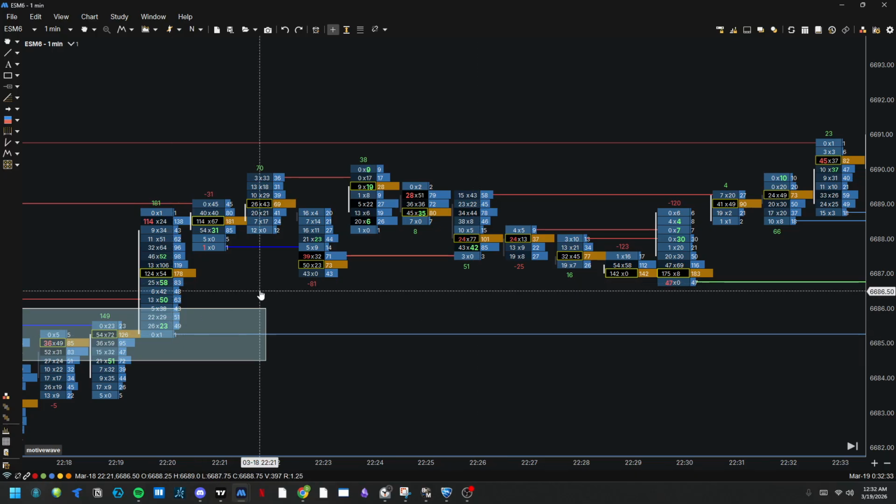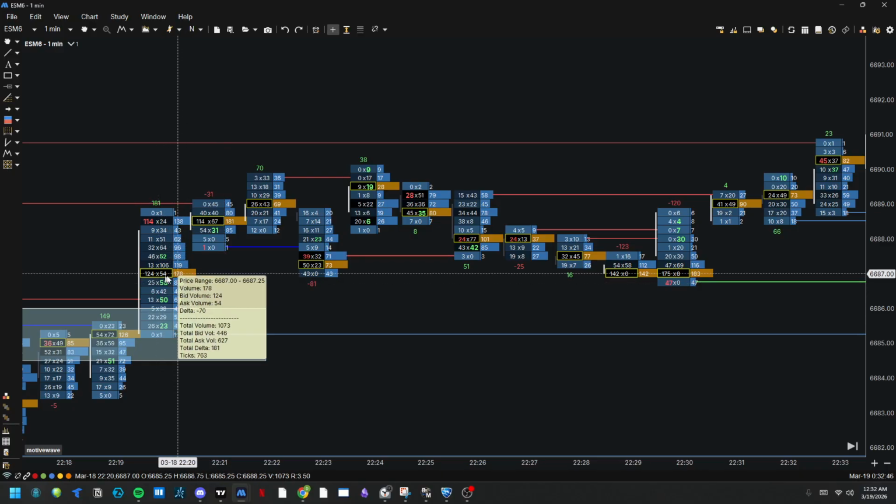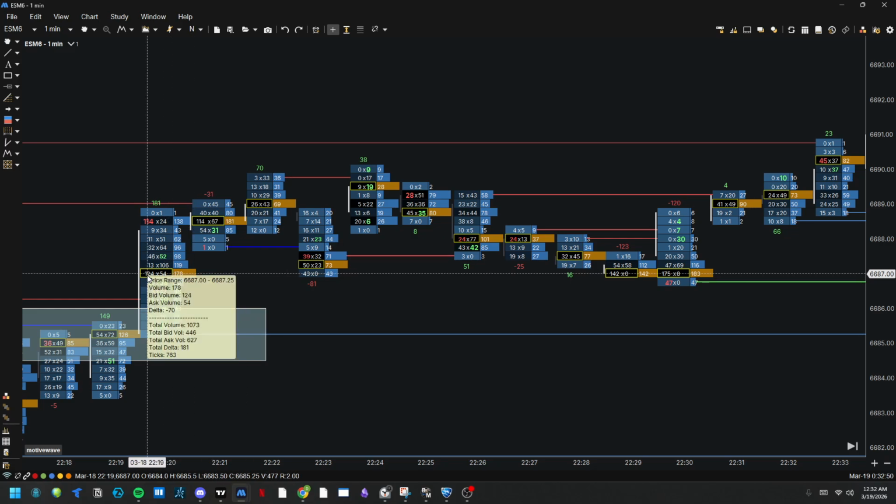You can just do whatever, bro. Because look at this, there's an imbalance right below it, and the POC is almost exactly as you were saying earlier. POC seller, look at this. 124, 54. Oh yeah, it's not that big. I mean, 50 is pretty big.